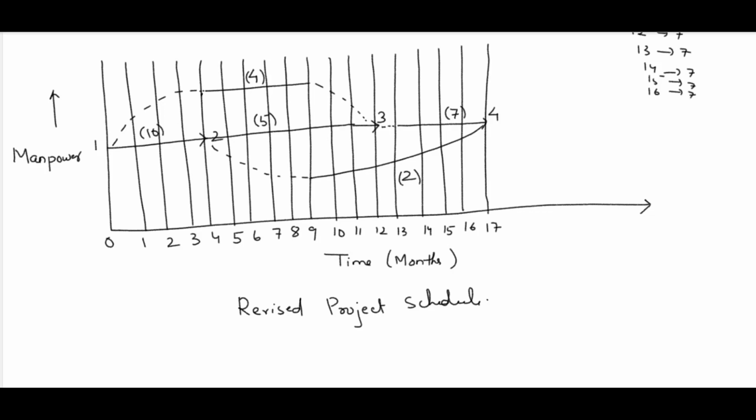We calculated that if we do not give any slack to the critical activity 3 4, the problem cannot be within the constraint imposed on the manpower. So the duration is now 17. In resource leveling there was no change in the duration of the project, but in resource allocation we can change the total duration of the project as per the requirement.